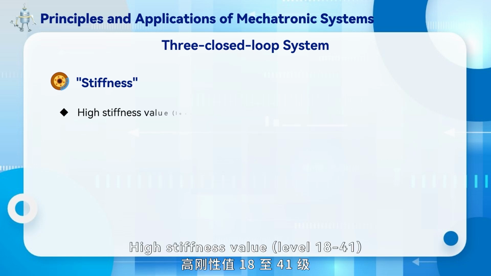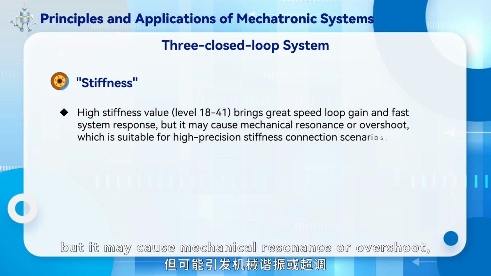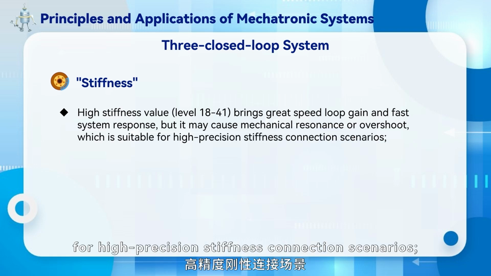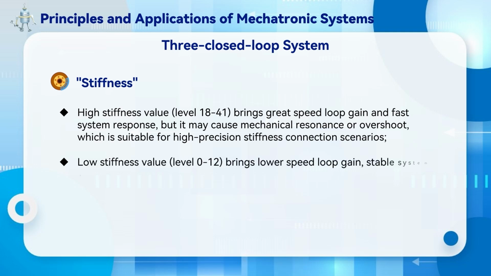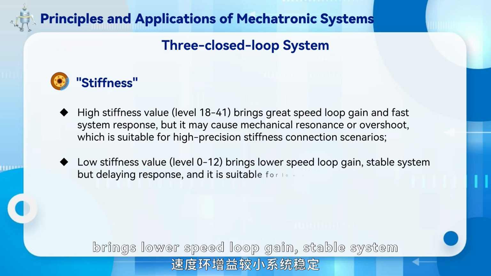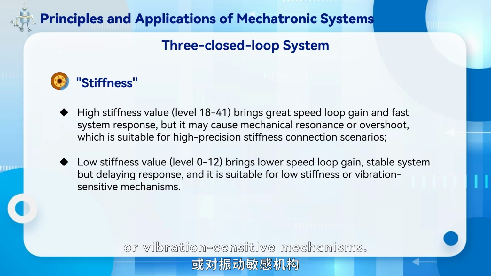High stiffness value, level 18 to 41, brings great speed loop gain and fast system response, but it may cause mechanical resonance or overshoot, which is suitable for high-precision stiffness connection scenarios. Low stiffness value, level 0 to 12, brings lower speed loop gain, stable system, but delaying response, and it is suitable for low stiffness or vibration-sensitive mechanisms.